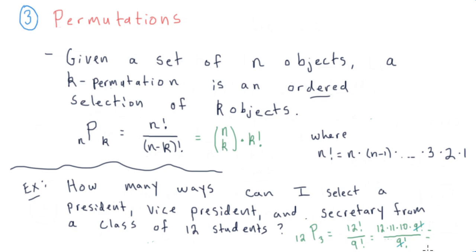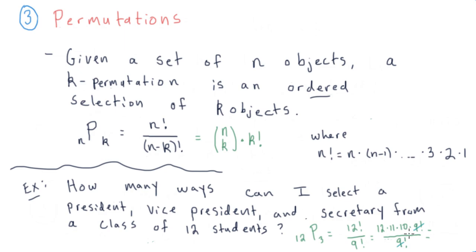And this is really easy to think about because if I have my class of 12 students, I first have 12 independent choices for president. But once I pick a president, I only have 11 independent choices for vice president. And then once I pick vice president, I only have 10 independent choices for secretary.